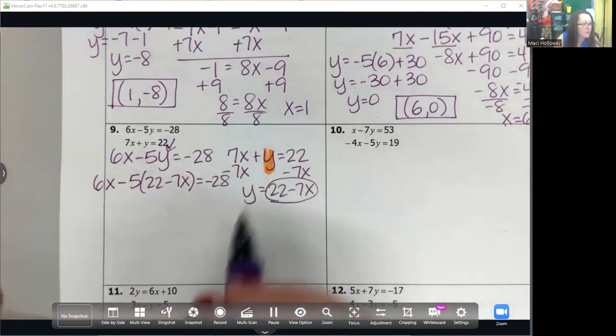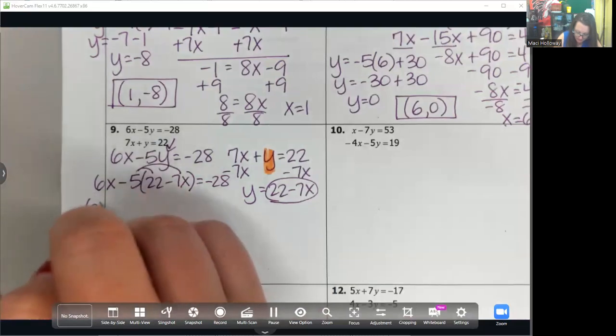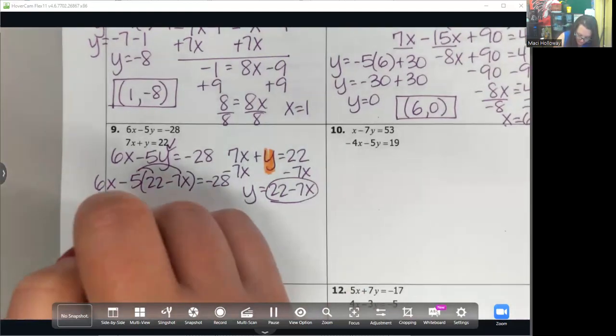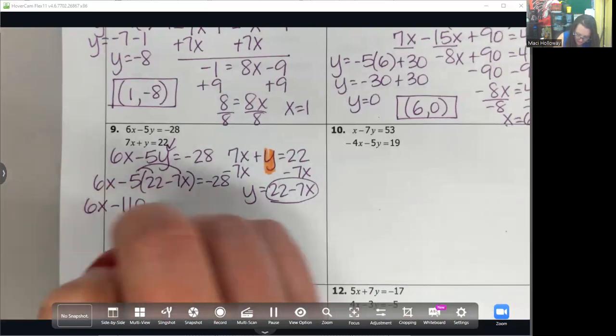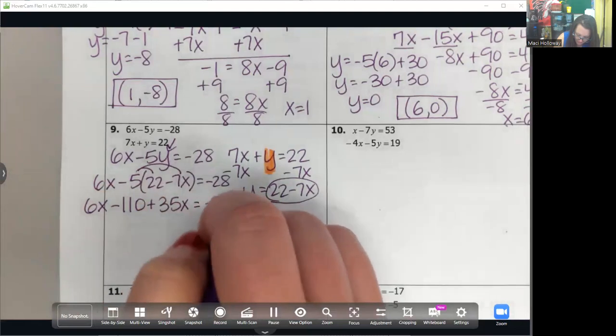Running out of room a little bit. Distribute this negative 5. Don't forget that it's a negative. Negative 5 times 22 is negative 110. And then negative 5 times negative 7x is positive 35x, plus 6x equals negative 28.